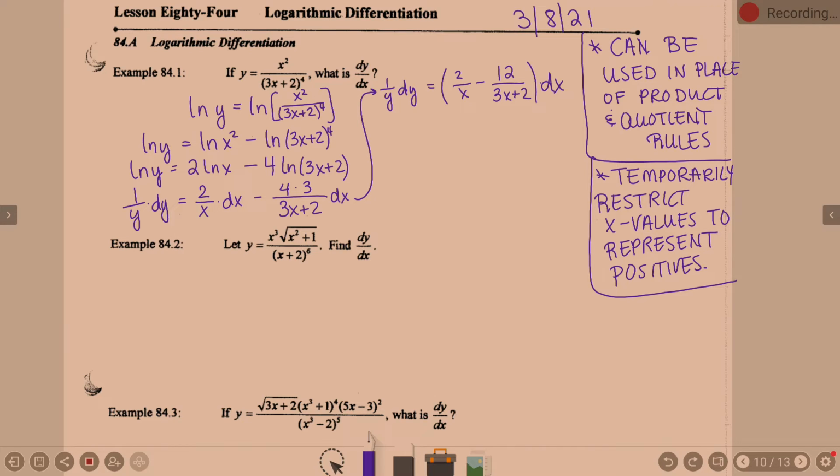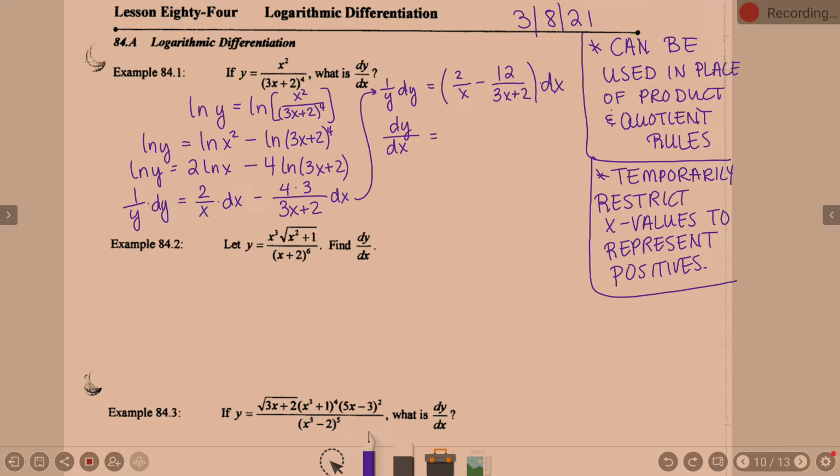What is my ultimate goal here? To find dy dx. So this is where we want to manipulate things to find dy dx. I already have dy on the left, yes? How do I get the dx over there? We're going to divide it. What about this 1 divided by y? We can multiply both sides by y. We're going to multiply the y over to the right.